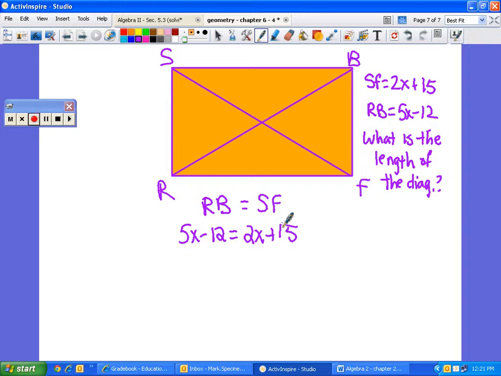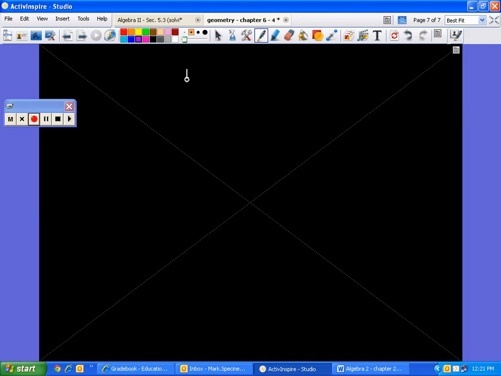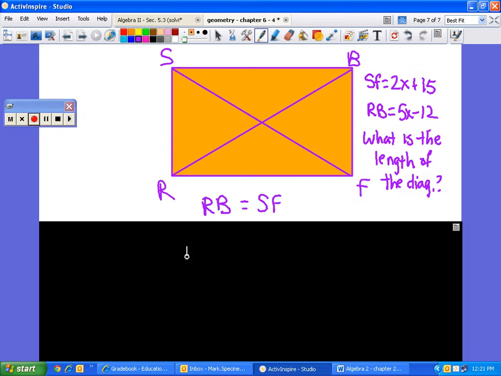plus 15. Gabby, if I gave you this problem, what's the first thing you would do? No, before that. What would you do? What's the first thing you would do to solve this problem?